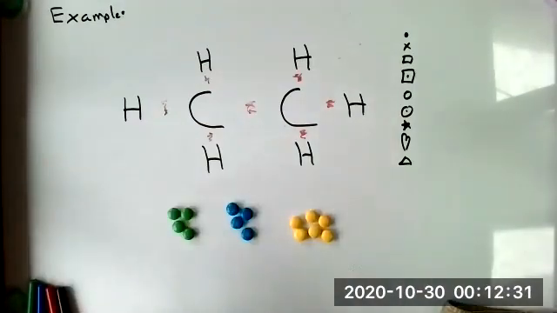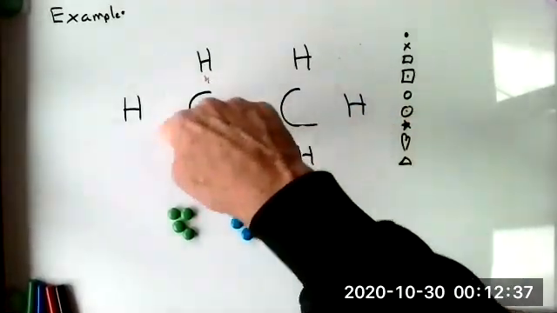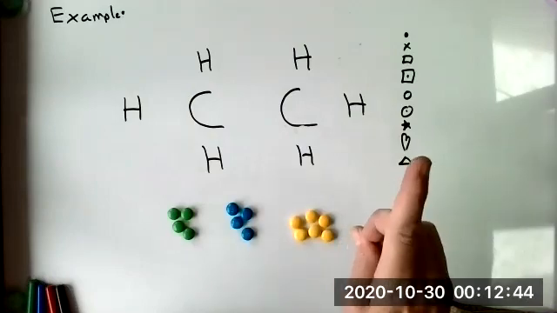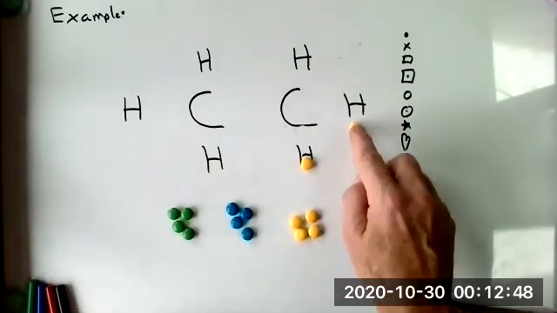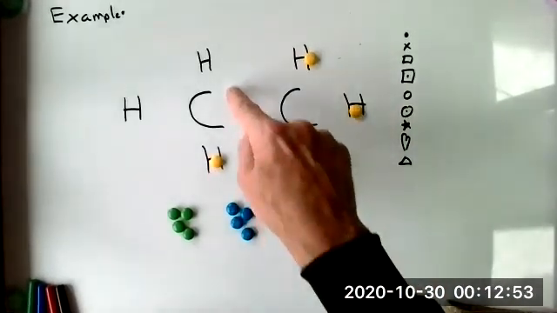Okay, so the first thing I do is I always do the H's. Let me get rid of these spots. And the reason why I do H's is because they're very simple. H's have one valence, so let me use yellow. So here's his one, his one, his one. Okay.